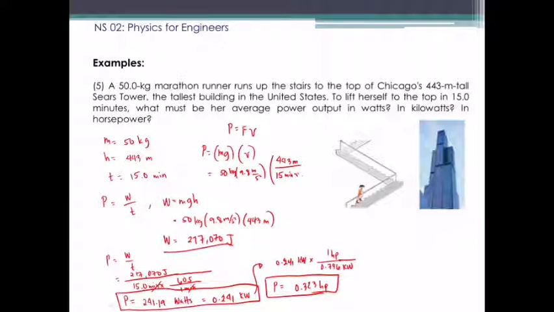So convert that also, class. 1 minute is 60 seconds, so that you can cancel. Okay, so power for this formula, you obtain the same answer, 241.19 watts. So still the same.